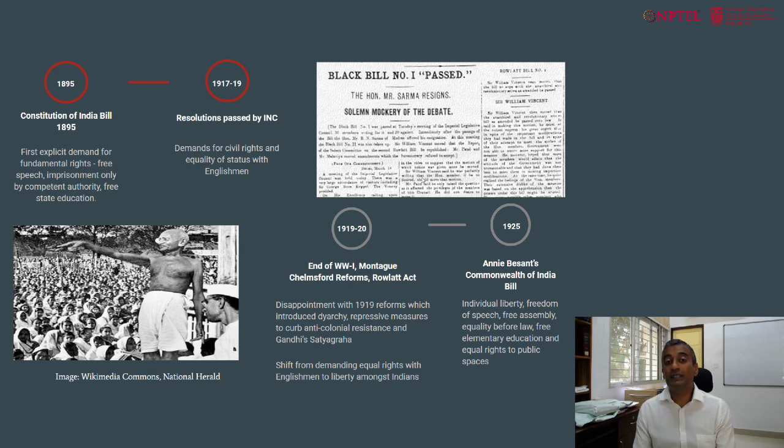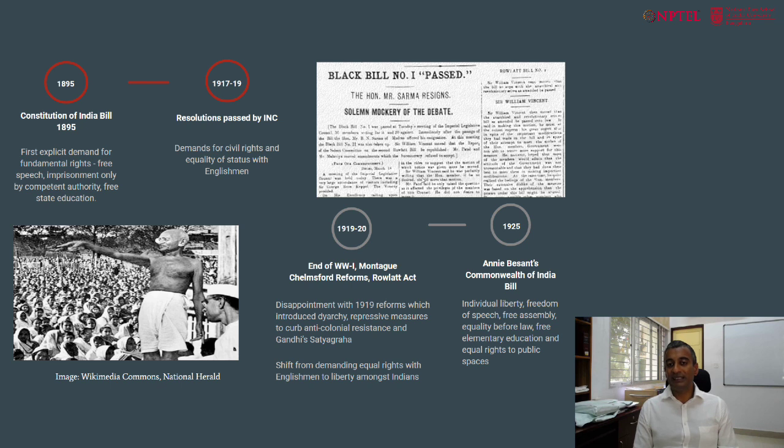Notice the broad swathe of demands. It's not just the normal civil and political rights against the criminal law excesses of the state, but the entire range of social rights, including state-supported education, as well as the liberty rights of free speech. So 1895, the Constitution of India Bill, which was produced by the freedom movement, is the first crystallized document where such demands for rights are made.